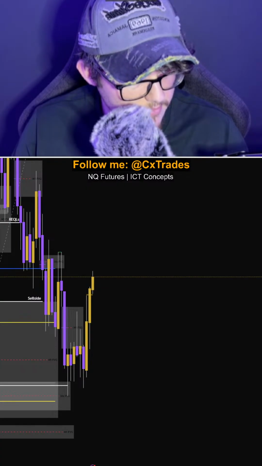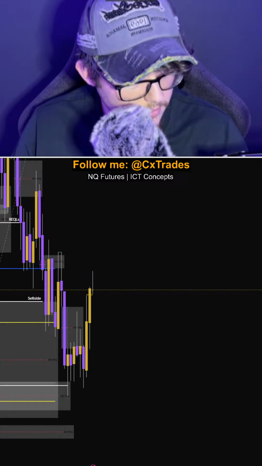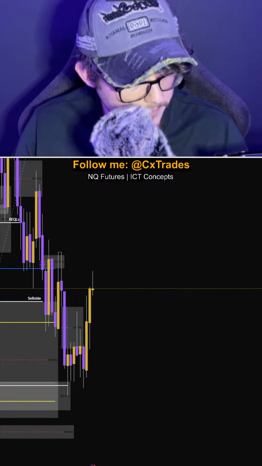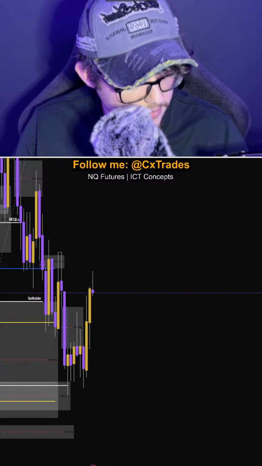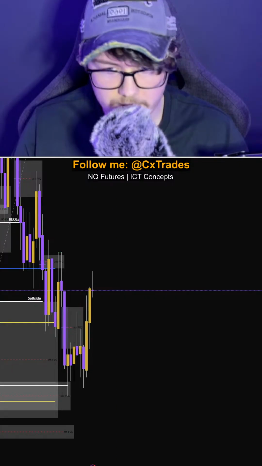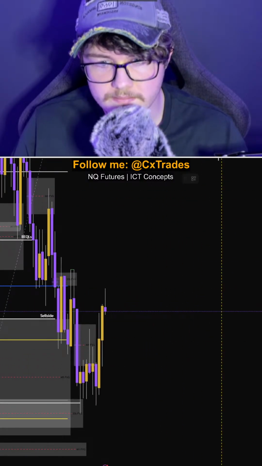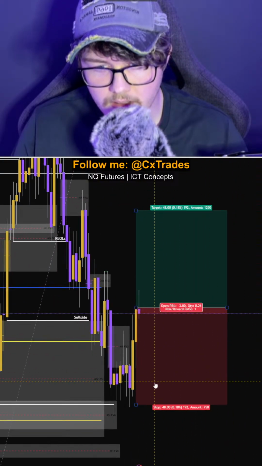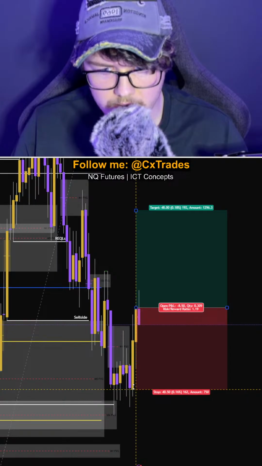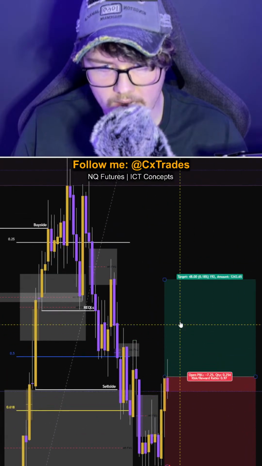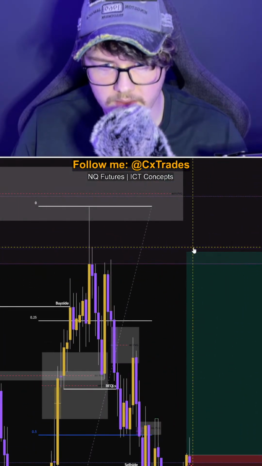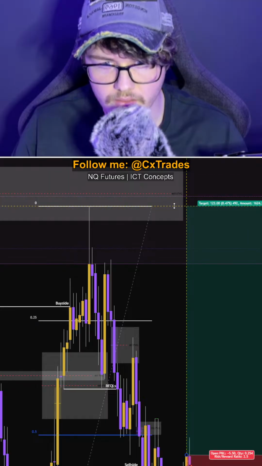Placed a limit order instead of a market order. I'm in. I'm in super light, like really light, like 2 micros kind of light, because obviously we breached the 6 candle rule.